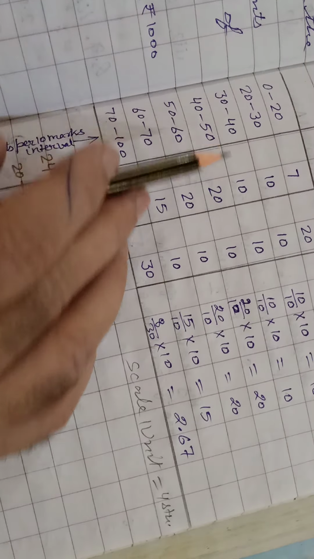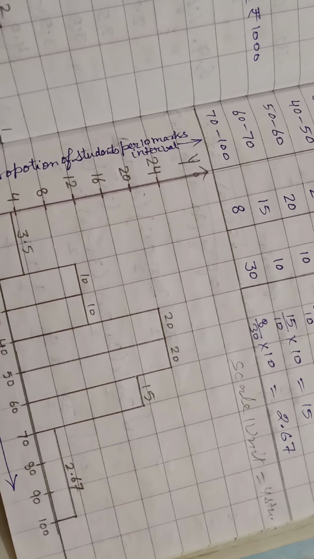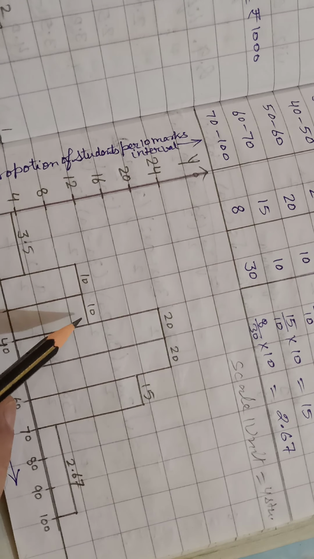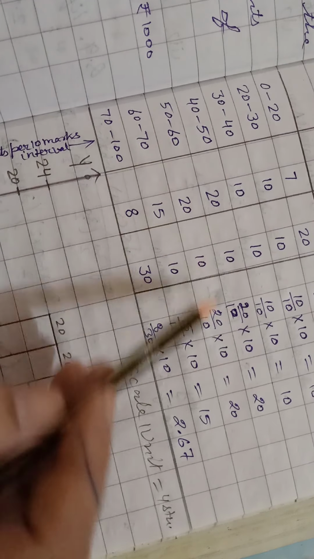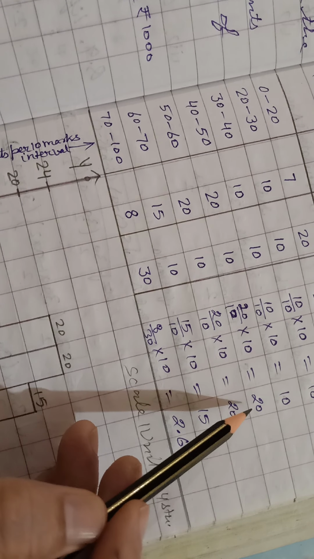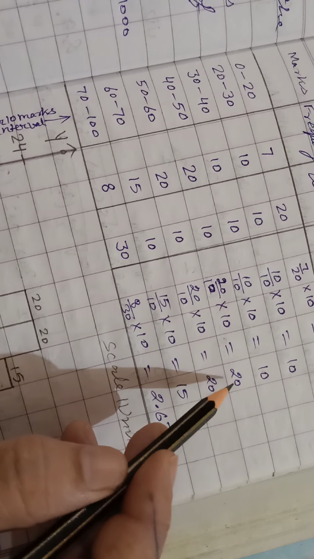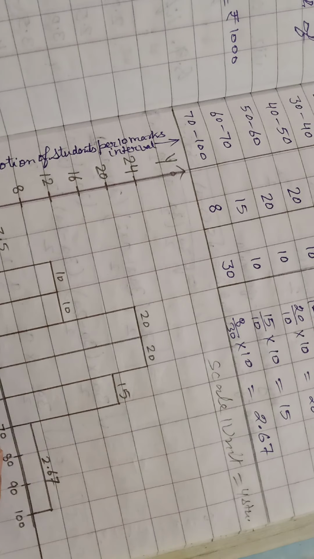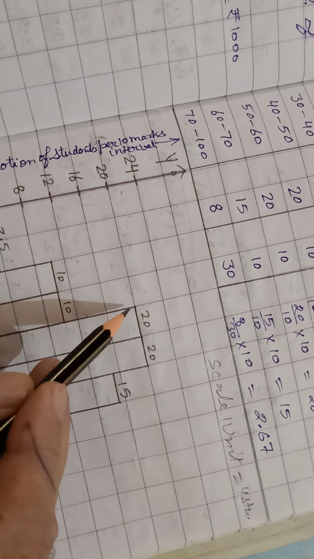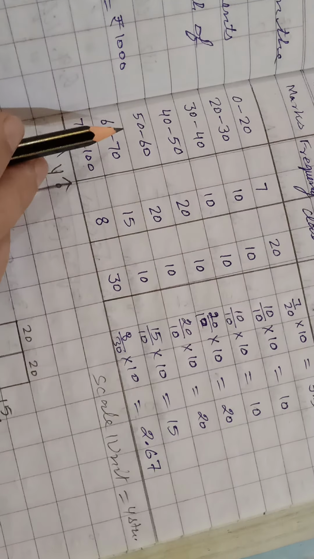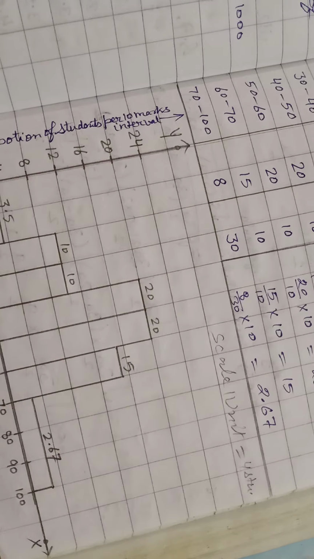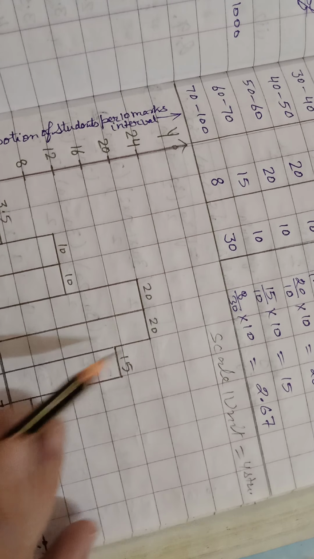Similarly, 30 to 40 also 10. 40 to 50, length of rectangle 20. Next, 50 to 60, that is also 20.